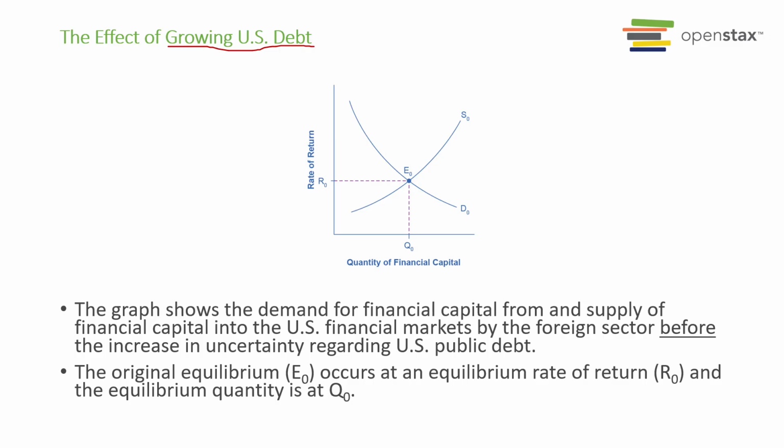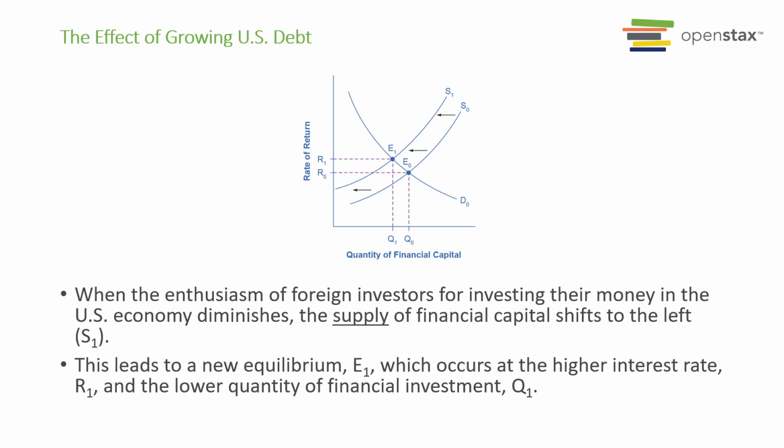So what you can see here is that if there is an increase in U.S. debt, that might not look good to a foreigner who might be willing to lend money to the United States. That shows up as a decrease in the supply of financial capital to the United States, and the result is the interest rate has to go up.